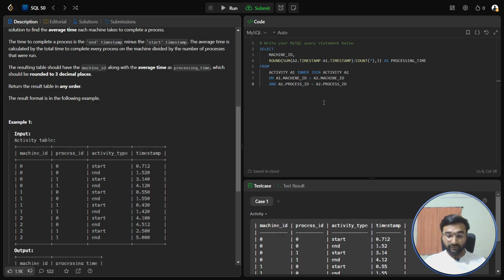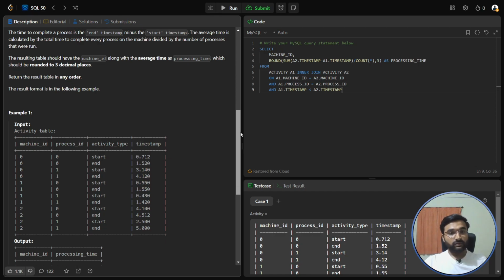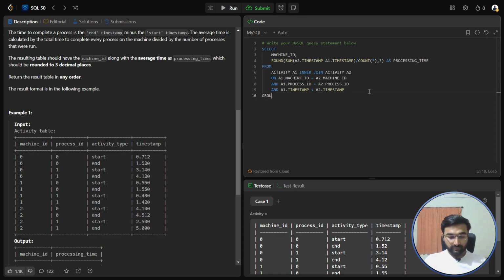And I have another condition, which is A1.timestamp should be less than A2.timestamp, because the start always has to be before the end, right? And at the end we'll group by the machine id, A1.machine_id.